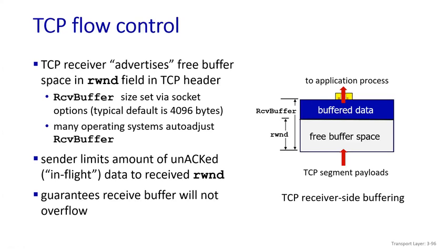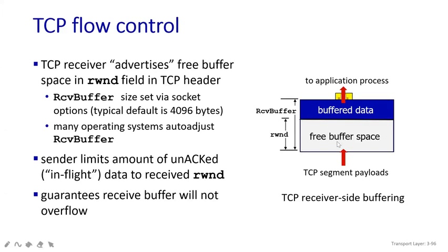Many operating systems have auto adjustment of this receive buffer. If an operating system wants to change this number of bytes, it can increase or decrease it. That is the work of your receive buffer. Now what is this receive window going to do?